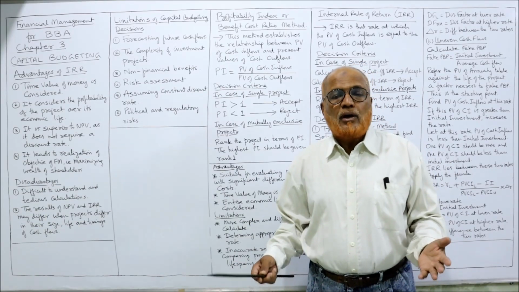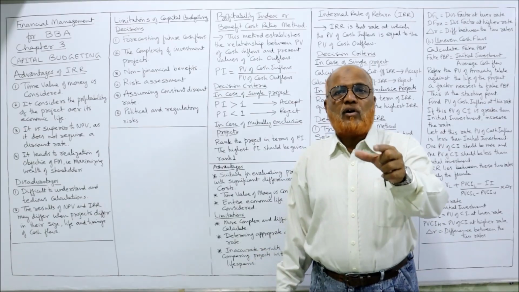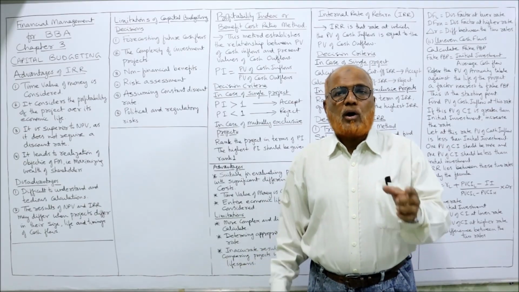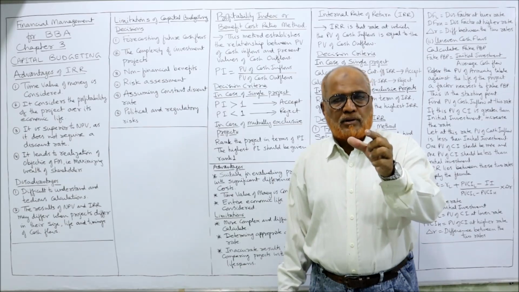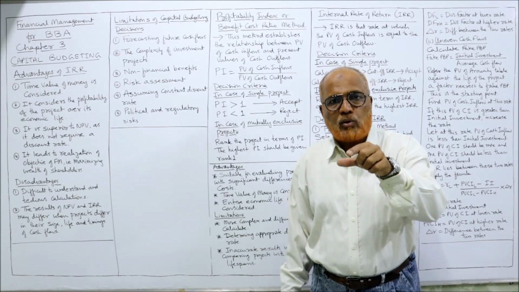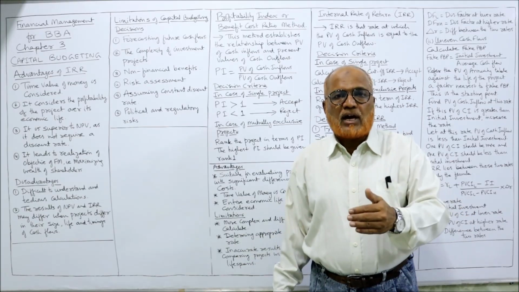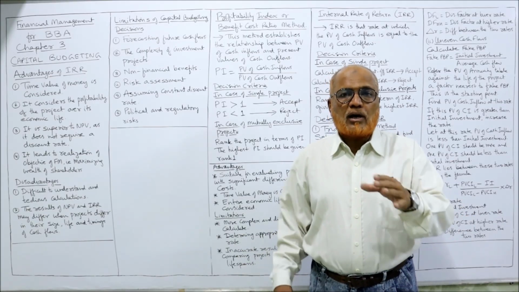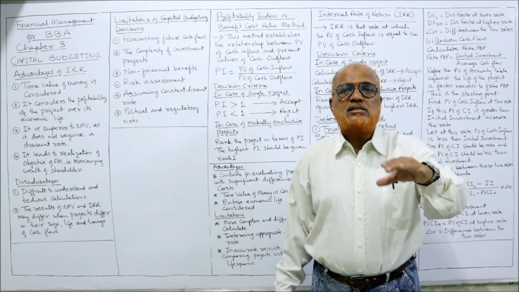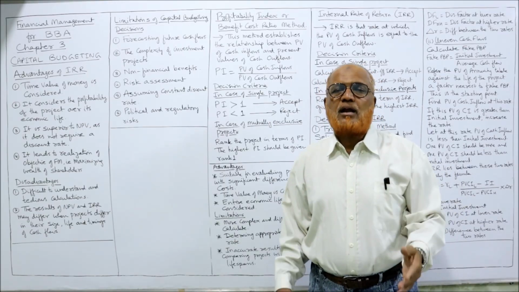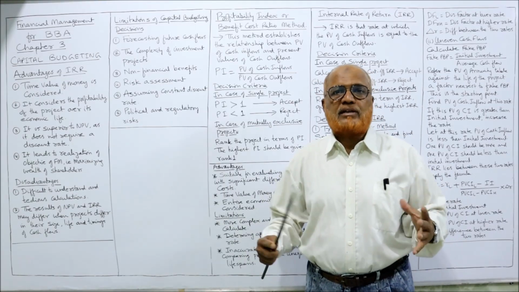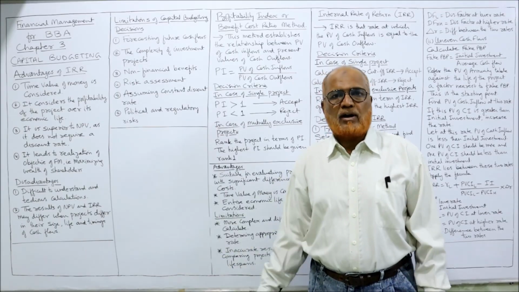This may happen. When will it happen? When the life of the project is different, or the amount of investment required is different, and the timing of cash flows is different. On account of all these things, the results given by NPV and IRR may be different, may be conflicting. That is the disadvantage.